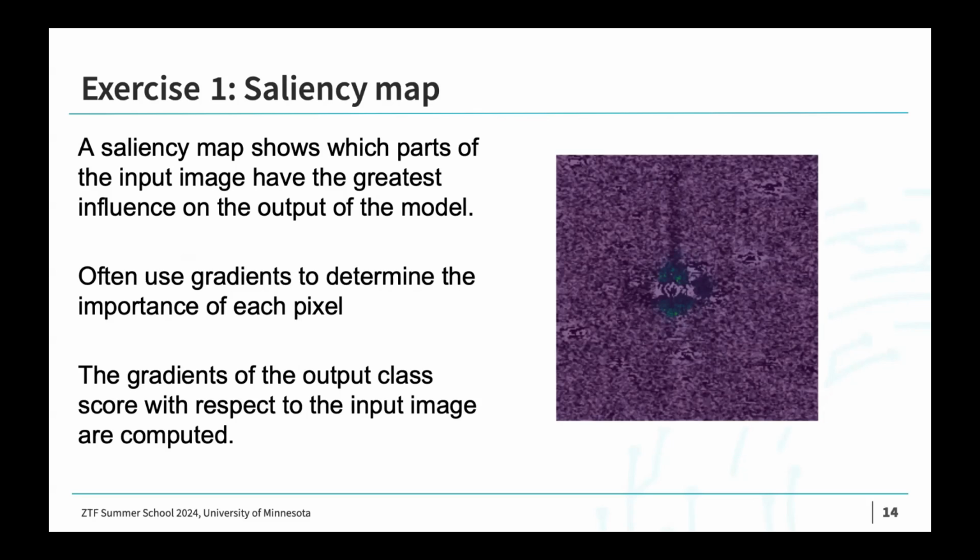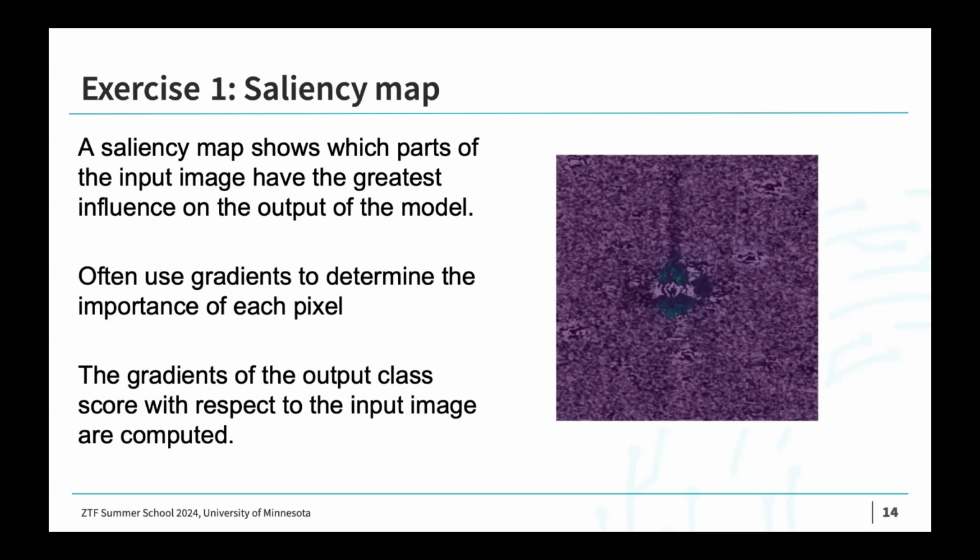This is usually done by taking the gradient of the output scores with respect to the input images and mapping the gradient to the images. So it shows us the importance of each pixel.